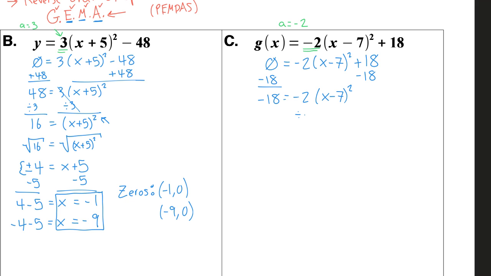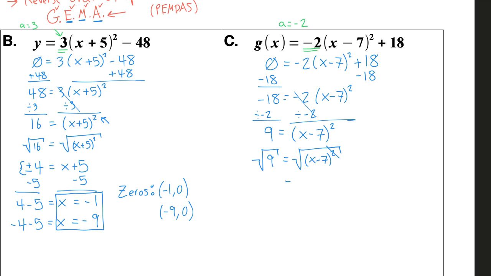We're going to divide off that negative 2. And here we have a negative 18 divided by a negative 2. So I know 18 divided by 2 is 9, and a negative divided by a negative is a positive. Those cancel out, and I've just got x minus 7 squared over here. Square root to undo the square on the right-hand side.